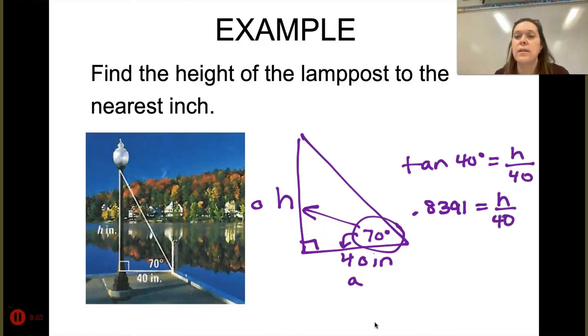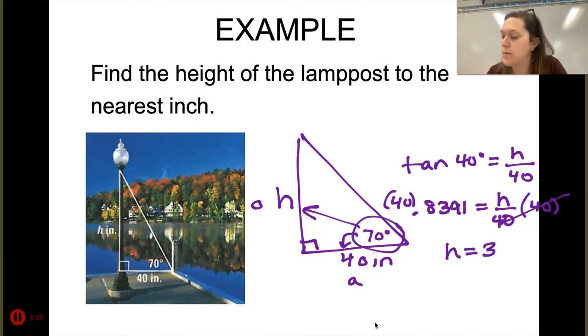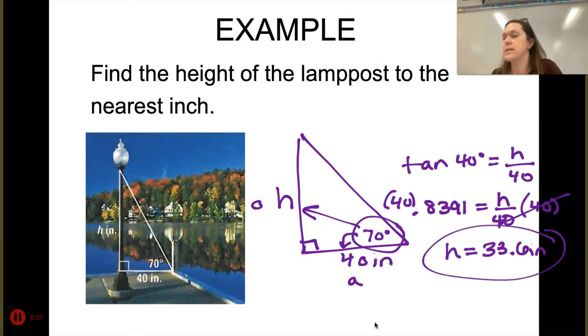So there's our equation. To solve for H, get rid of the divide by 40 by multiplying on both sides by 40. So now my calculator, I'm just going to do 40 times 0.8391, and I get H is about 33.6 inches would be my units.